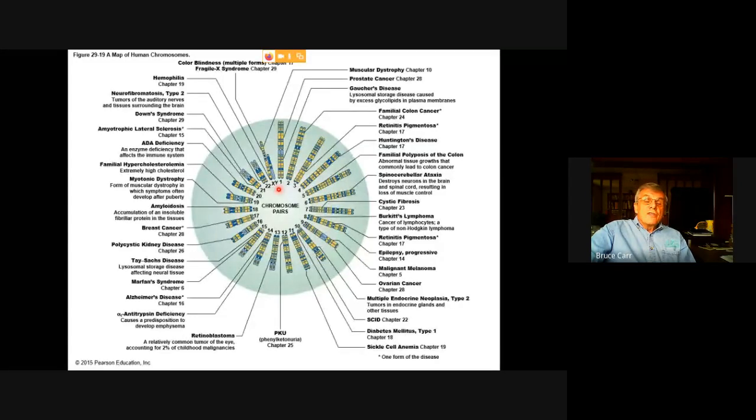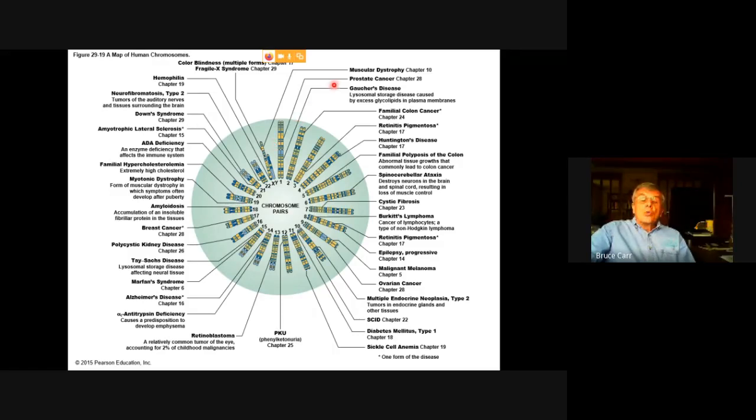And the importance of this map is that it is focusing on disease conditions and the genetic mutations that cause them. So just to start here, at the top of the right side, muscular dystrophy was talked about in chapter 10, and its position is right here on the X chromosome.